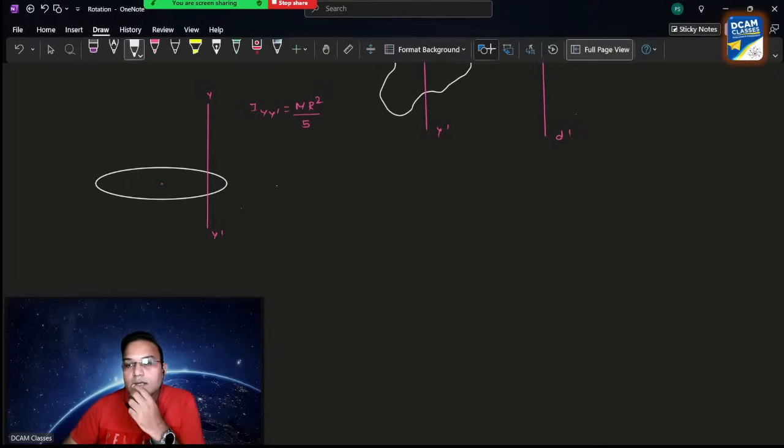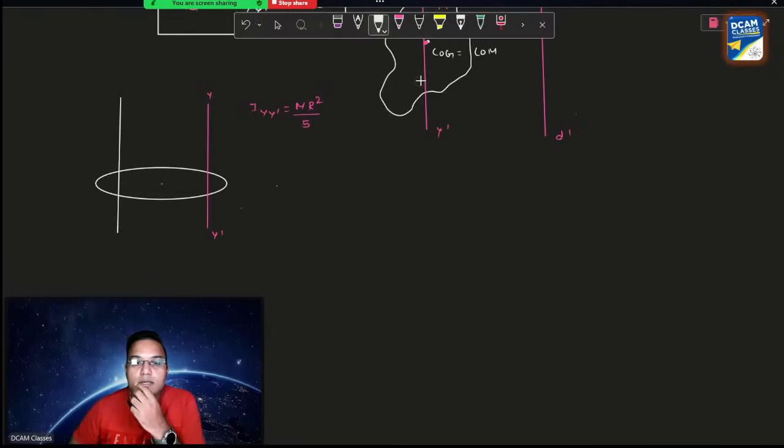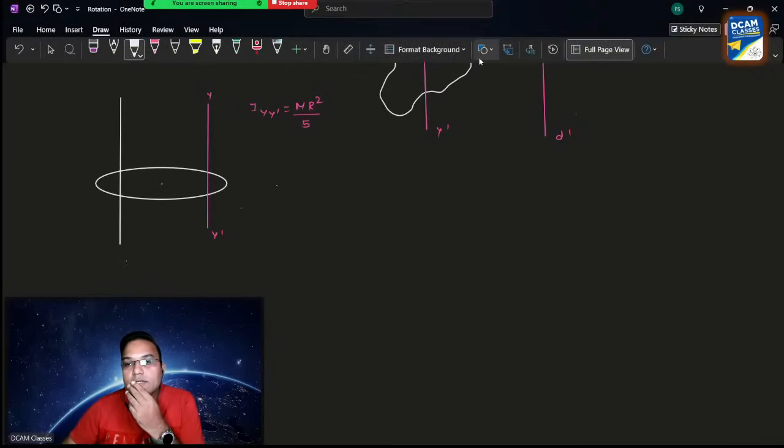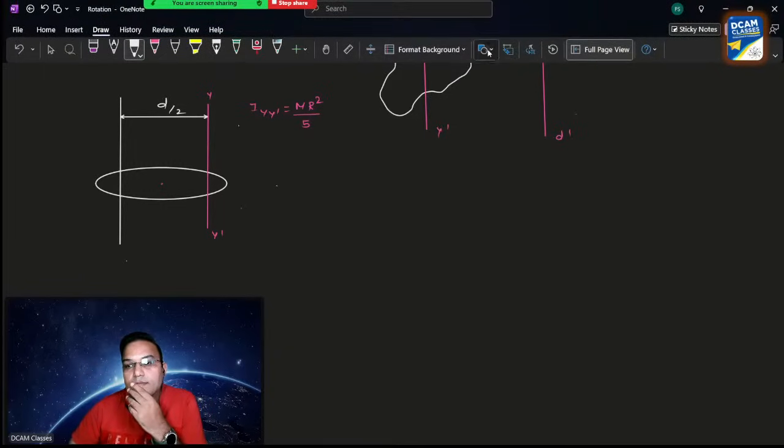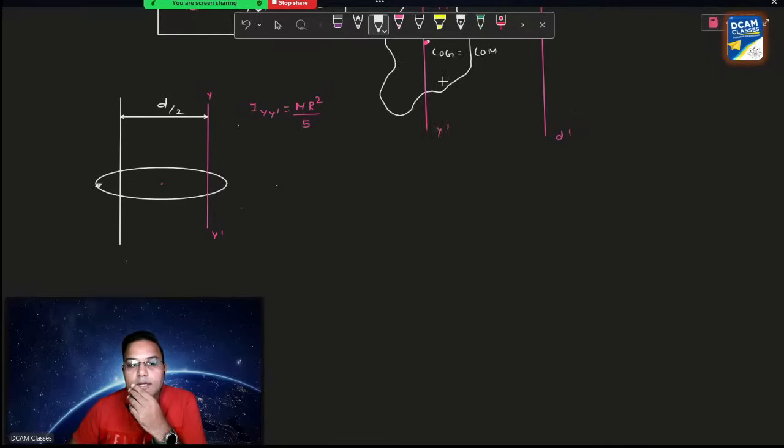Wait. The question is yet to be completed. About an axis which is at a distance of d by 2 from it, given the radius of this disk is d.